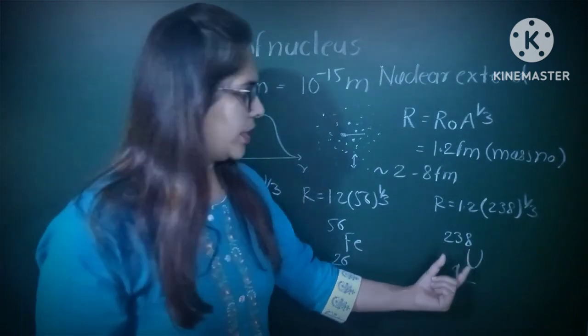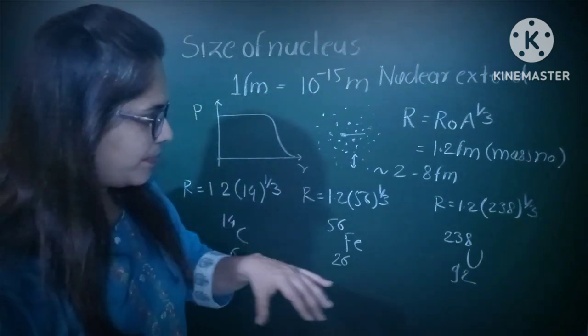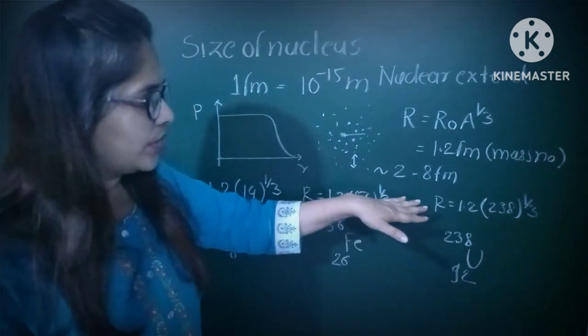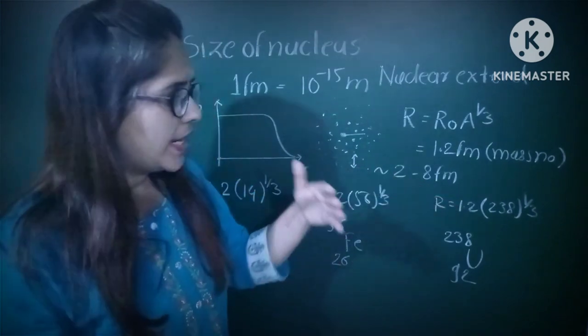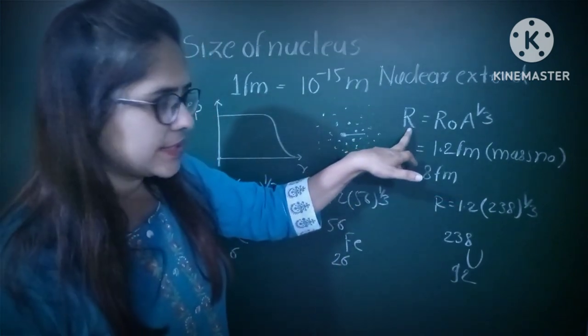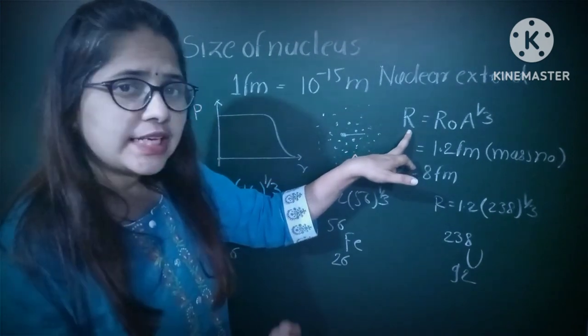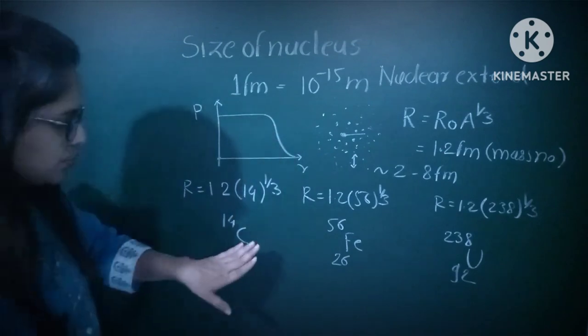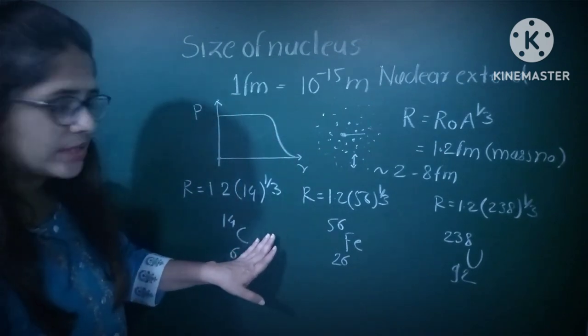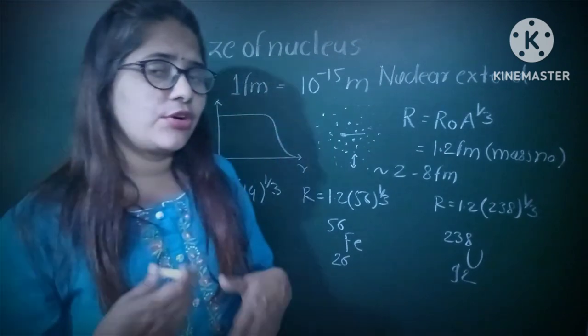Now we know that the nuclear range is 2 to 8 femtometers, and that the radial extent increases with the increase in mass number. Suppose this is the nucleus, and we are speaking about the nucleus and not the atom.